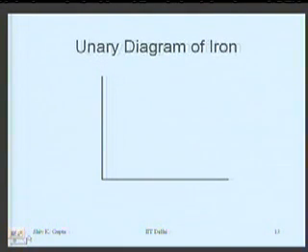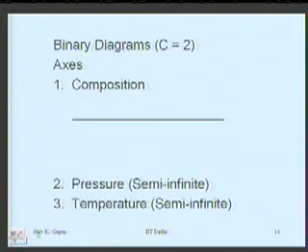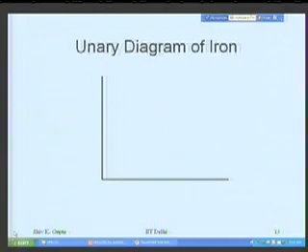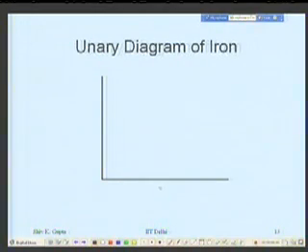Right, I'll show you the unary diagram of iron. Usually in chemistry we have studied the y-axis they take as the pressure and the x-axis is the temperature. I'll take it the other way around. On the x-axis I shall take pressure, and the y-axis we shall take temperature.